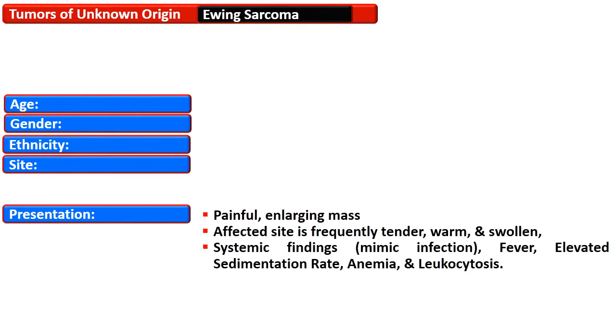It presents with a painful enlarging mass, and the affected site is tender, warm and swollen, and there is association of systemic findings which mimic infection. These findings are fever, increased ESR, anemia and leukocytosis.